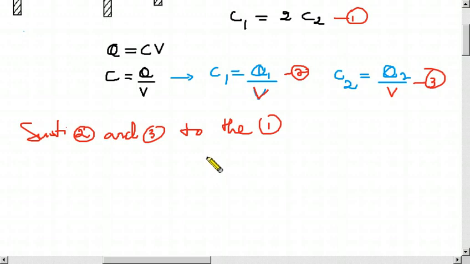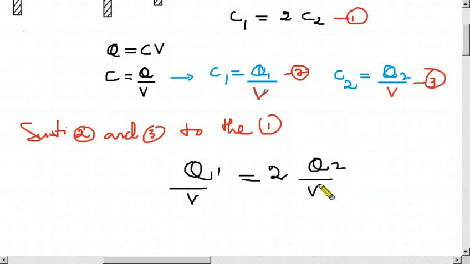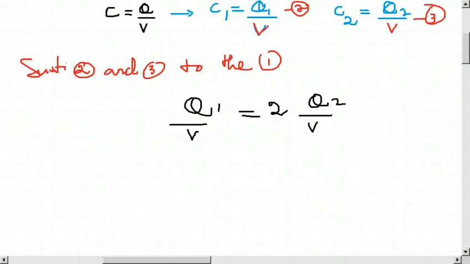Then C1, meaning Q1 divided by V, equals 2 times C2, meaning Q2 divided by V. So V cancels here, then Q1 equals 2 times Q2.